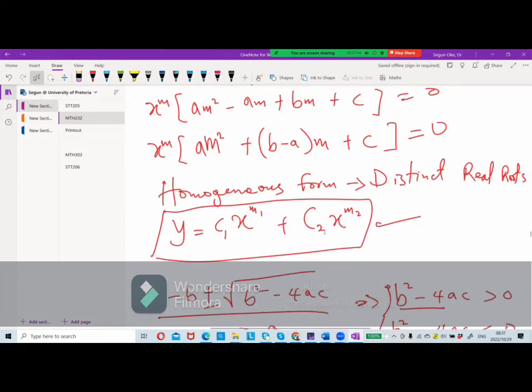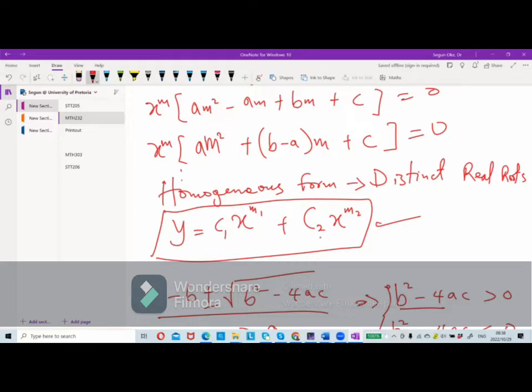So the major thing is what we did here: in most cases, you divide through by s raised to power m. When you divide through by s raised to power m, you remember, it comes to 0. That is the meaning.